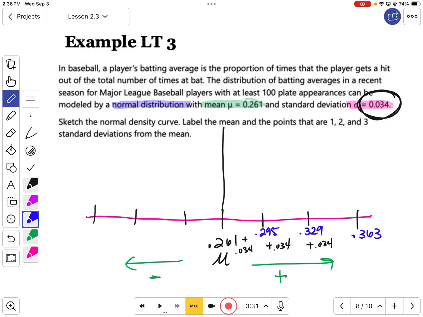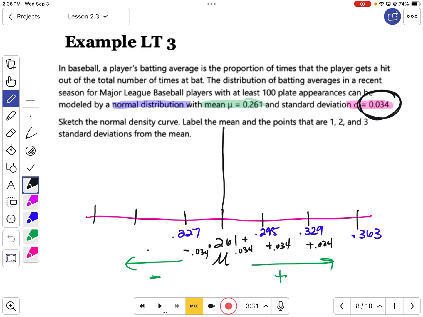To go backwards to the left, we subtract. So I'm going to do minus 0.034 each time. Start in the middle, 0.261, minus 0.034, so 0.227.